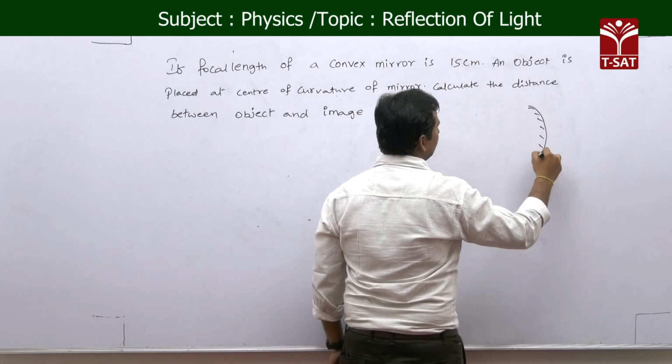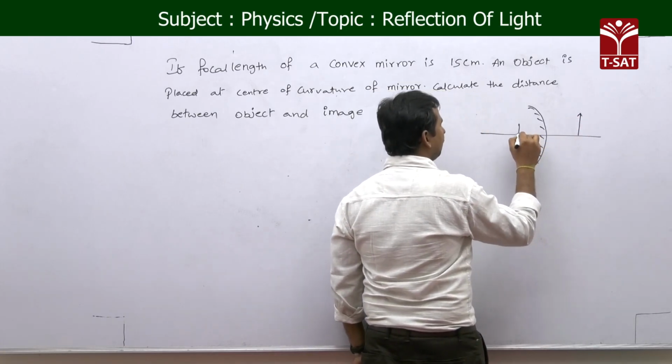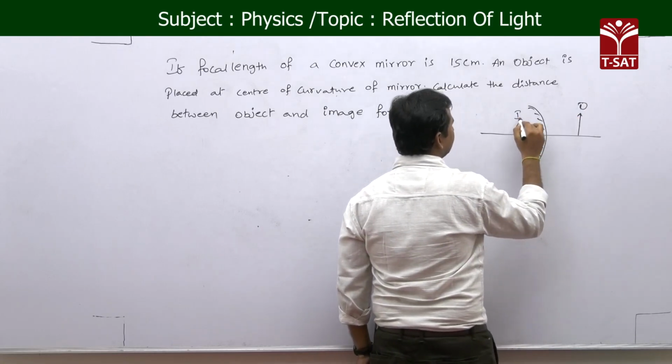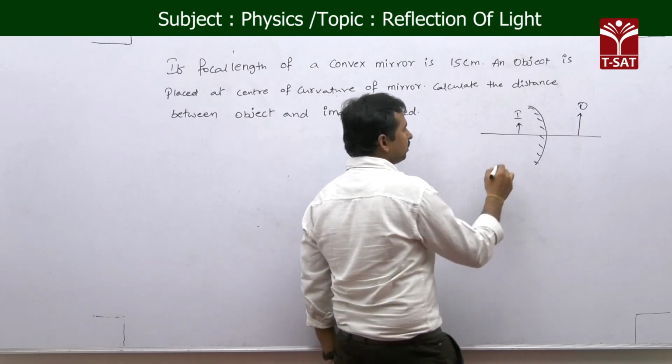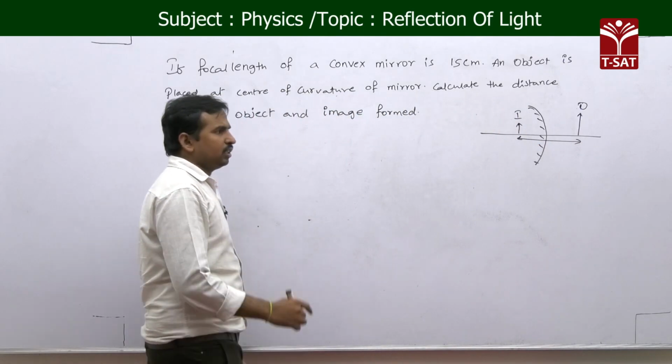For example, if this is the convex mirror and you take the object before it, the image is formed behind the mirror there. This is the object and this is the image. What we need is the distance between the object and the image.